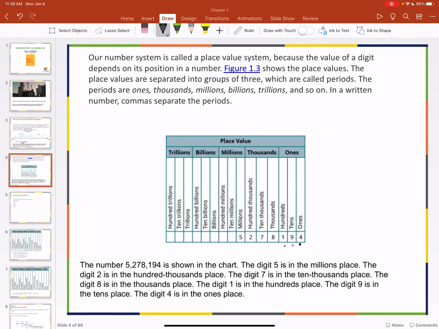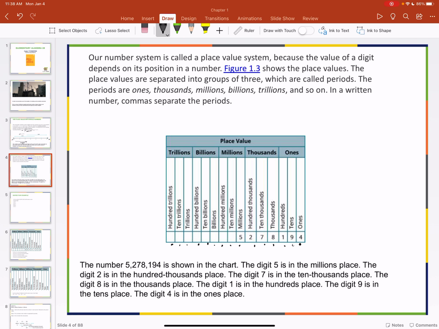And then you have the thousands, which is thousands, 10,000s, 100,000s, and then on to the millions, 10 millions, 100 millions, then billions, 10 billions, 100 billions, and trillions, 10 trillions, 100 trillions, and it goes on. Of course, the numbers go on and they continue, but that's usually as large as we get in our calculations. Well, until you introduce scientific notation, but that's another thing. And so right now, let's just start here, okay?